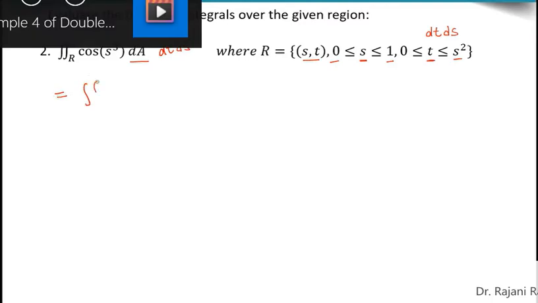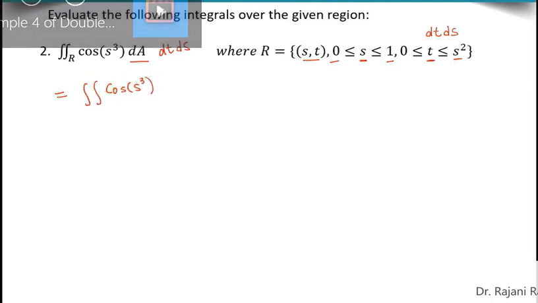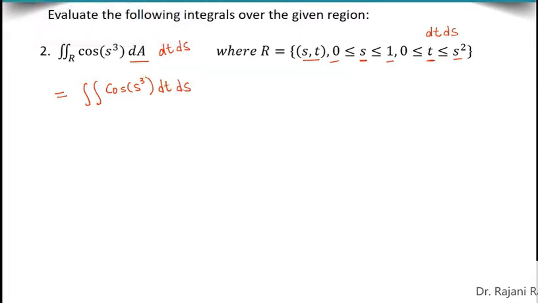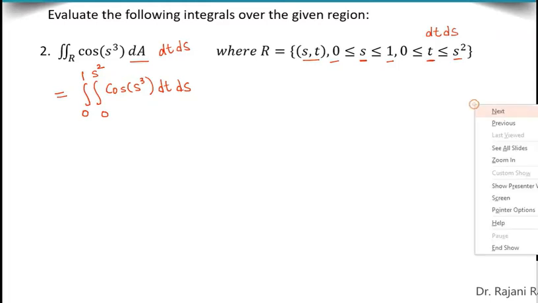So how will we write the question? This question will become the integral of cos s power 3 dt ds. The limit of t is from 0 to s power 2 and the limit of s varies from 0 to 1. When we start solving it, we have to start with the inner integral.